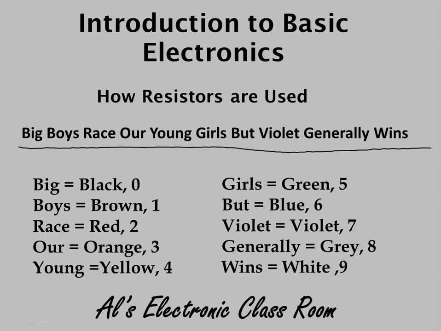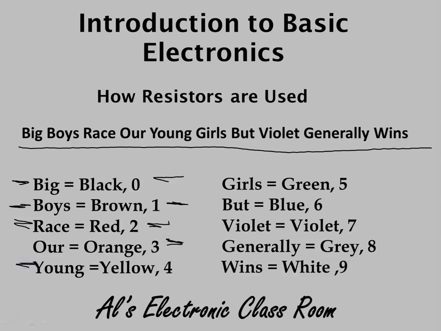For instance, big is black. Boys is brown. All right? Big black represents 0. Boys brown represents 1. Race represents red, and it's the number 2. Out equals orange, and that's the number 3.